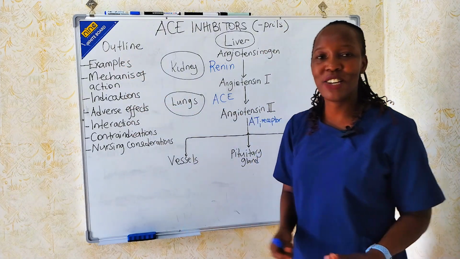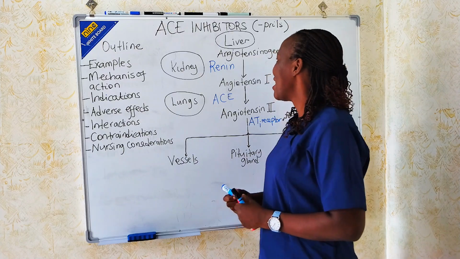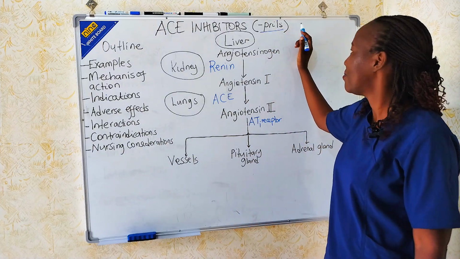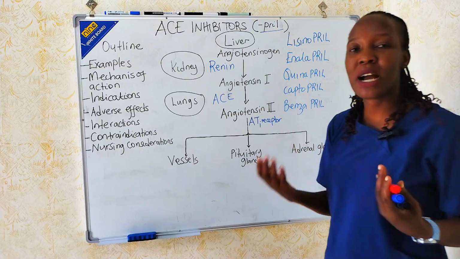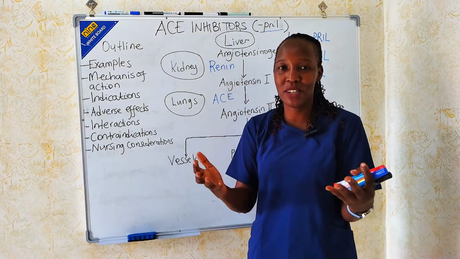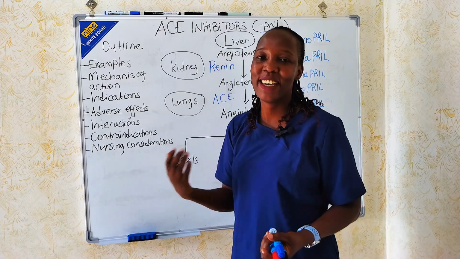Which are these drugs that are called ACE inhibitors? ACE inhibitors are those drugs whose name ends in the suffix "pril." Lisinopril, enalapril, captopril, benazepril, quinapril, etc. The prils. Those are ACE inhibitors.